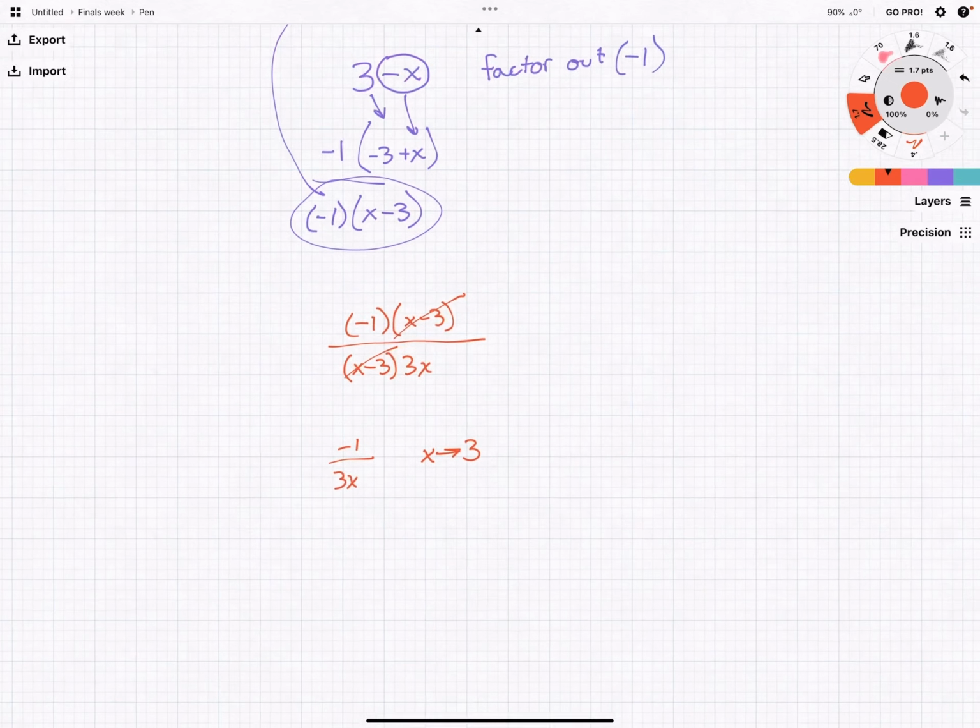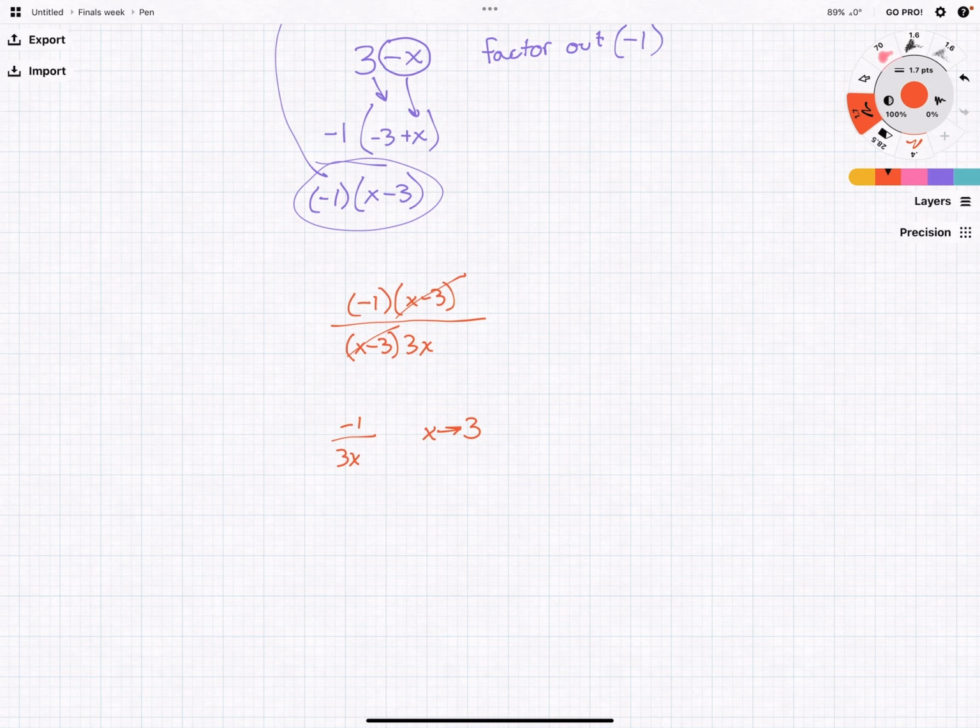Now x can approach 3 without giving us any problems. We won't run into this 0 over 0 problem anymore. So this is wonderful. Now we can do negative 1 over 3 times 3, and that will give us negative 1/9. And that is going to be our answer for number 23.